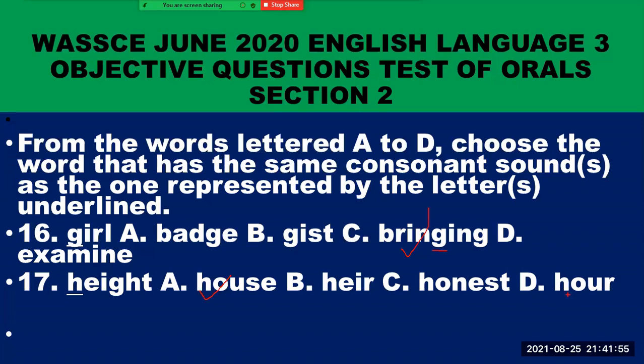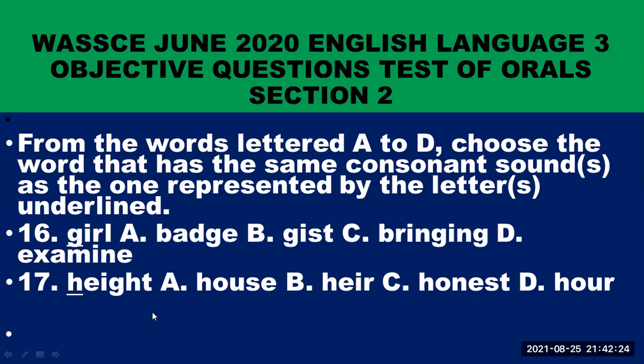It's not hour with an H sound; the H is silent. These are the tricks that you need to understand. Certain English letters are silent when we pronounce the word, but they are visible when we write them. Take note of them, and they will help you in picking the right options in tests of oral English.